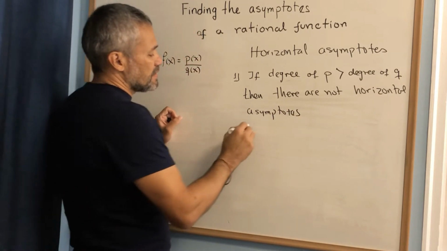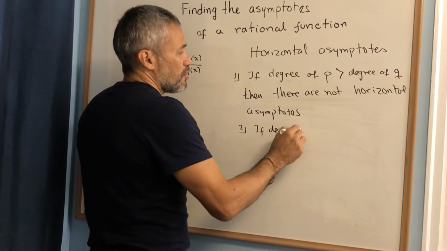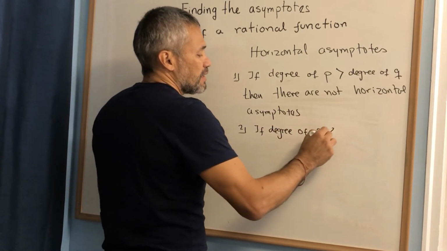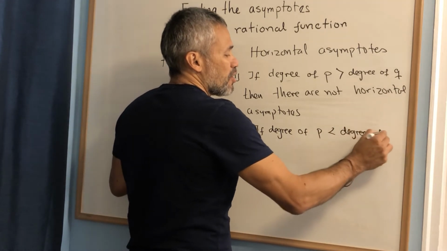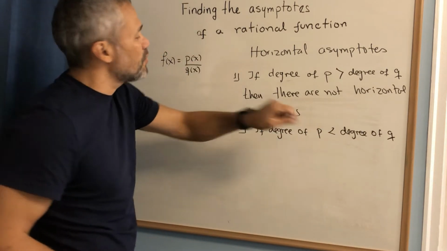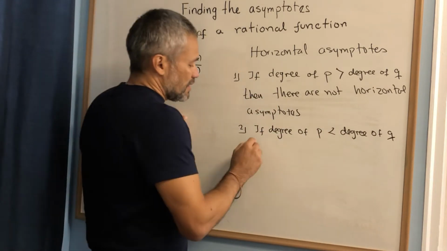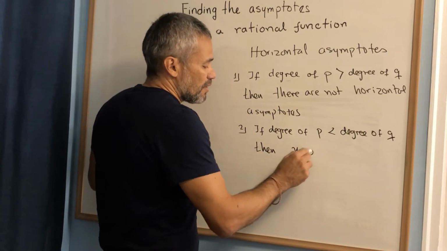The second case is if the degree of P is smaller than the degree of Q. Remember that P is denoting the numerator and Q is denoting the denominator. Then in this case, we have a horizontal asymptote, which is y equals 0.